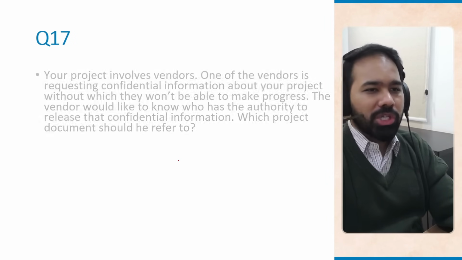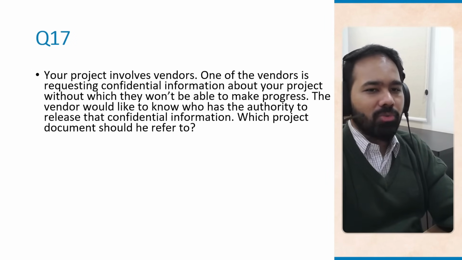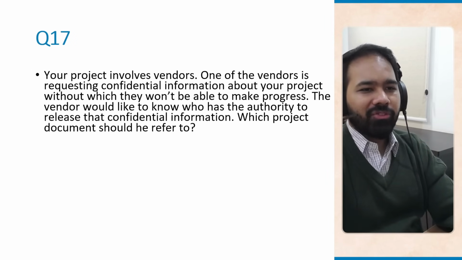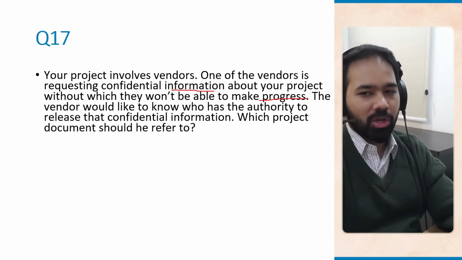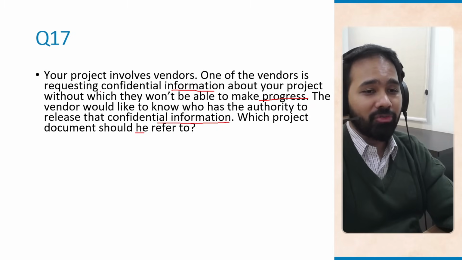Okay, let's move on. Question number 17. Your project involves vendors. One of the vendors is requesting confidential information about your project, without which they won't be able to make progress. The vendor would like to know who has the authority to release that confidential information. Which project document should he refer to? Confidential information is in question here.